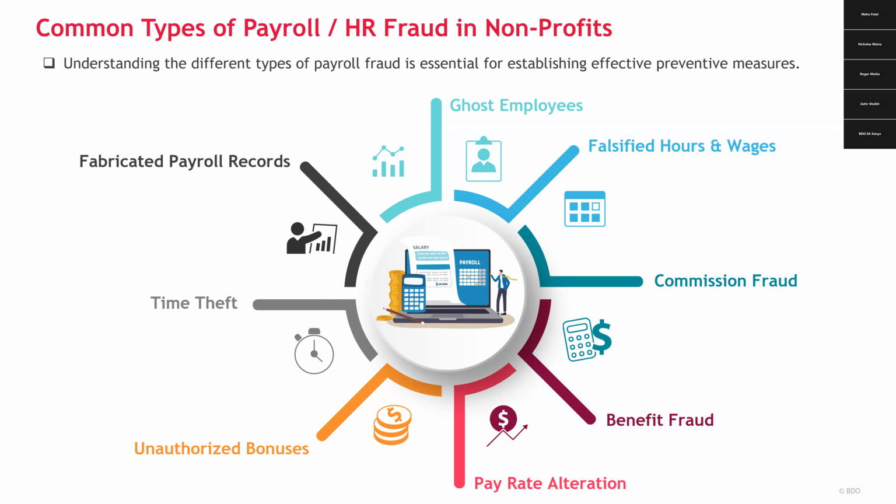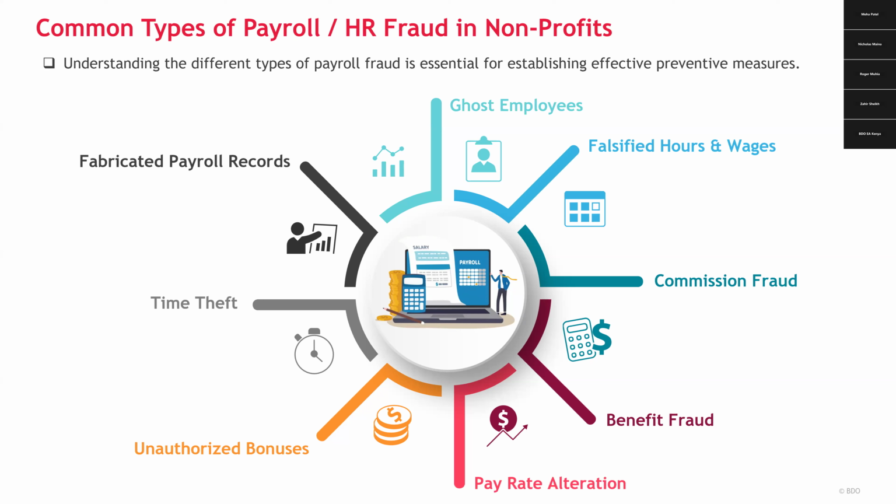This may be done to benefit or favor certain employees, or to favor the individual doing the fraud. I'll give an instance where a department head approves substantial year-end bonuses for themselves and select team members, despite these bonuses not being approved by organizational policy or linked to performance metrics.